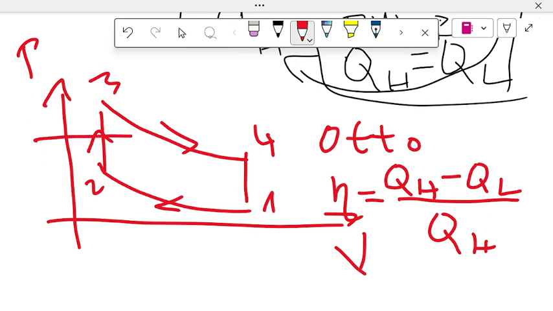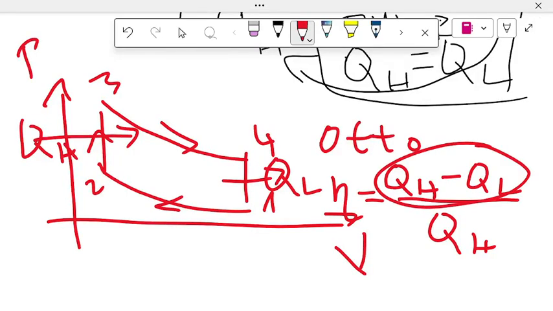So here is heat high and here is heat low. Okay, so this will be the same 0.